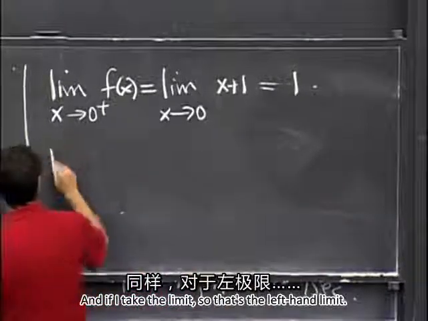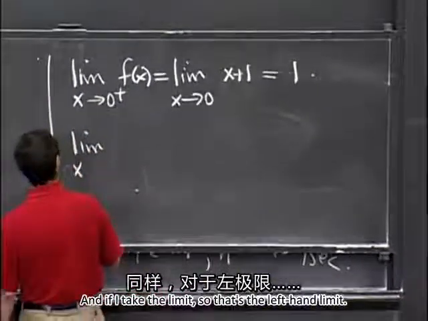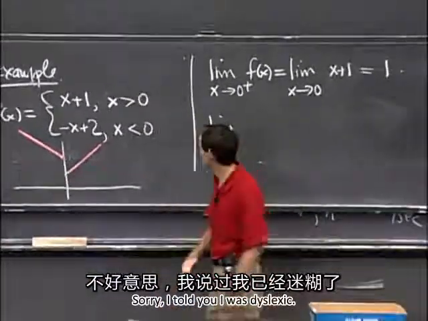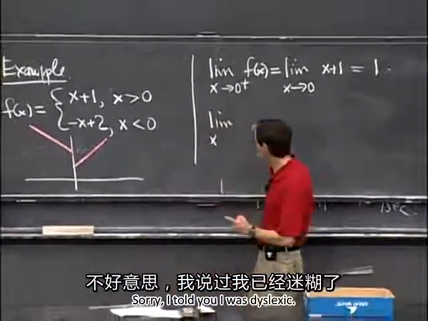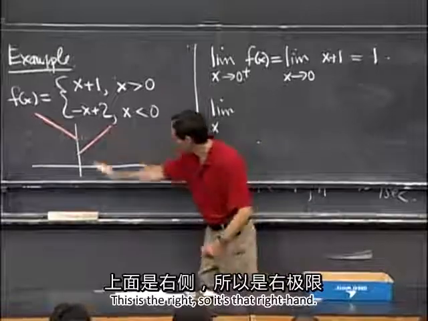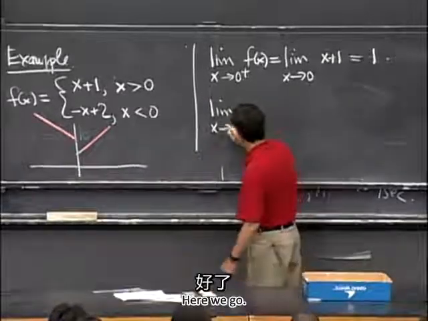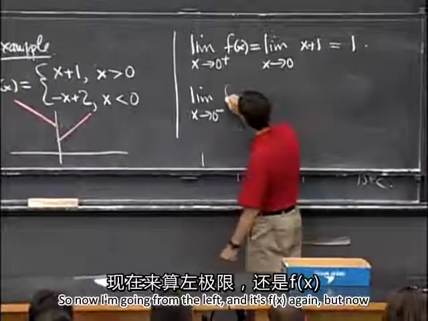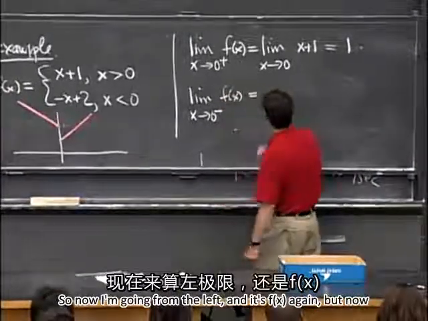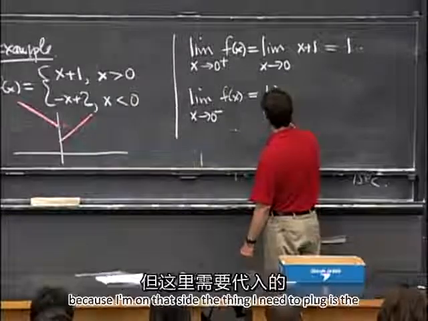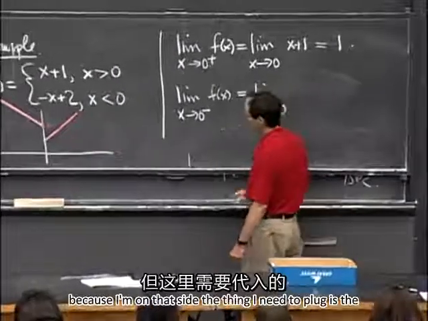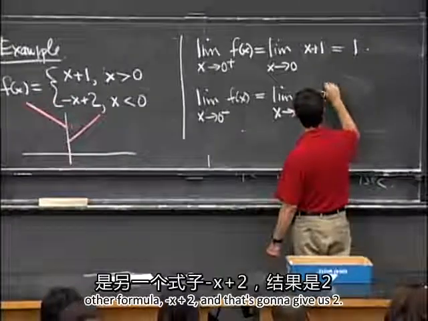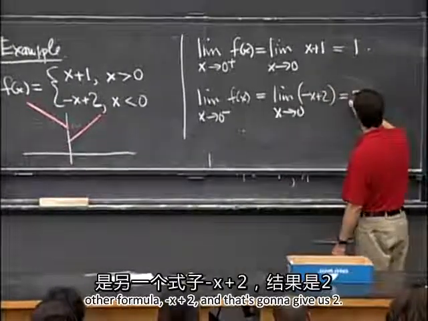And if I take the limit from the left, I told you I was dyslexic, this is the right half. Here we go. So now I'm going from the left, and it's f of x again. But now, because I'm on that side, the thing I need to plug in is the other formula, minus x plus 2. And that's going to give us 2.